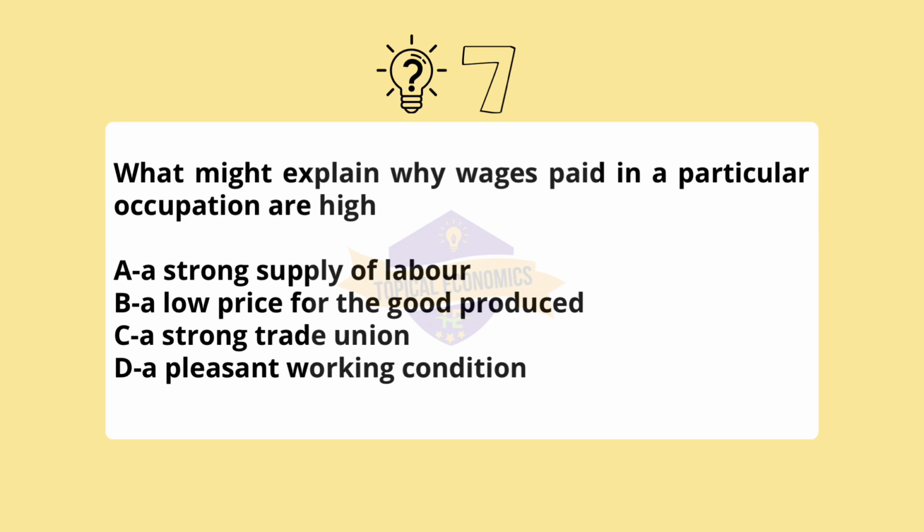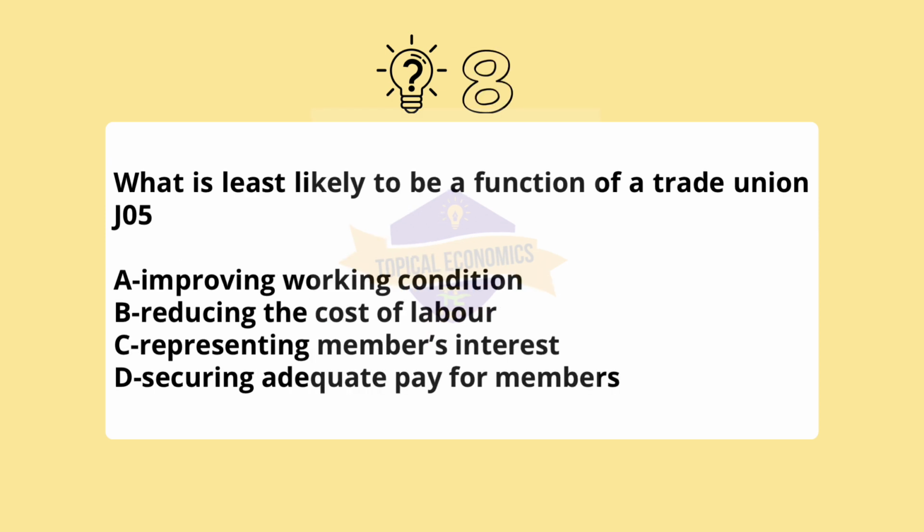When you look at factors like low supply of labor or high demand of goods, then these could lead to higher wages. So here a strong union is a direct influence on wage levels through negotiation. So for this question and the options that they have given, the answer would be option C, that is a strong trade union.